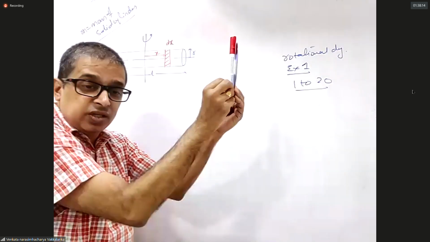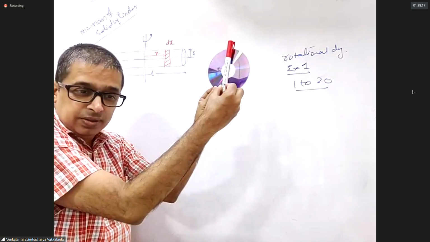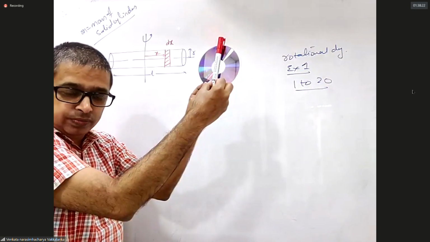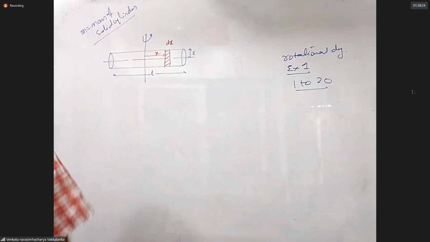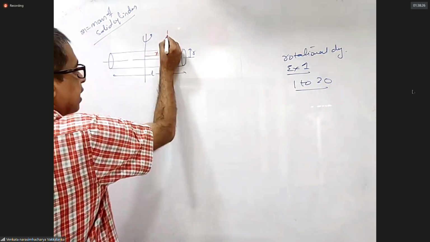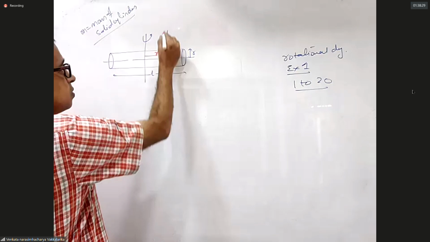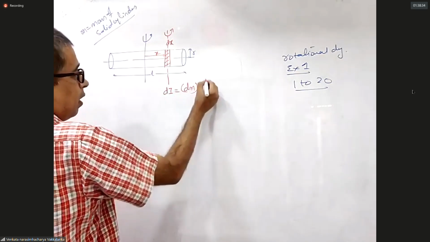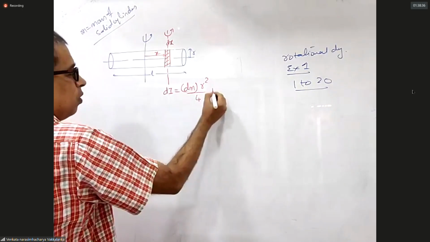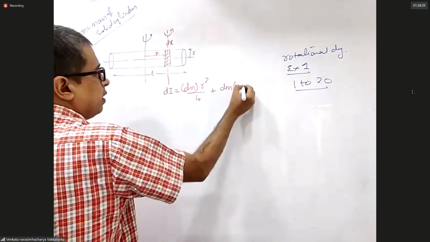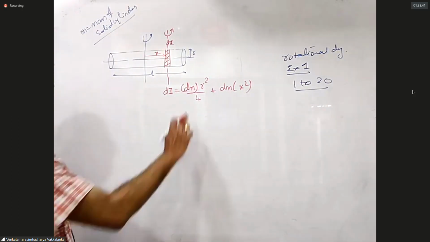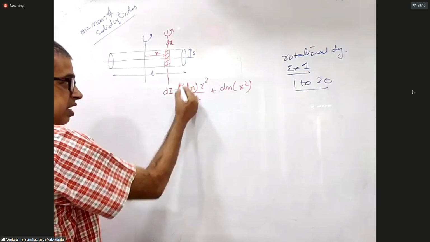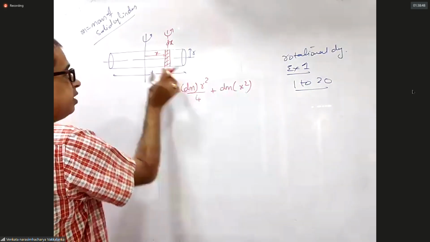This axis is passing through the center of mass. Yes or no? So technically, dI about this is dm r square by 4 plus dm into x square, by the parallel axis theorem. dm is the mass of this element, so dm into d square.